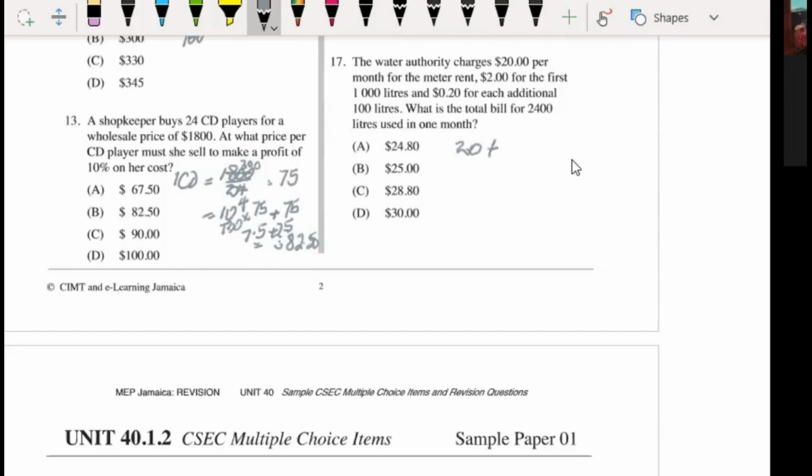They charge 20 cents for each 100 liters. How many hundreds can we get out of 1400? This is 14. So this is 14 times 0.2. So this will give us 2.80. Let me see if I am correct here.